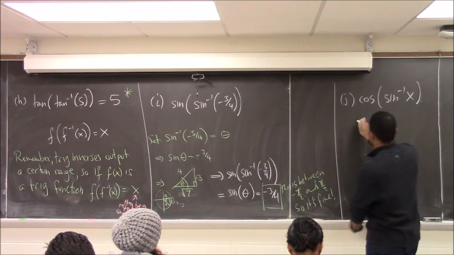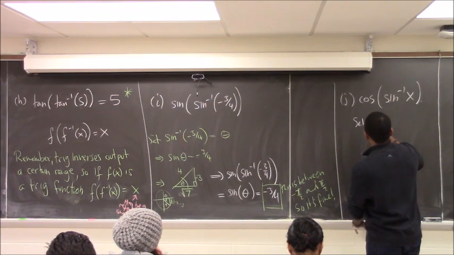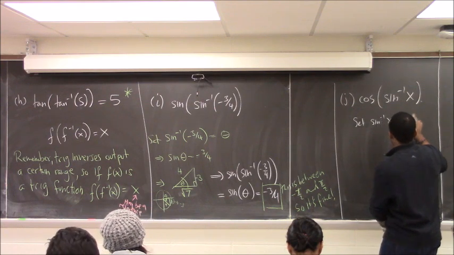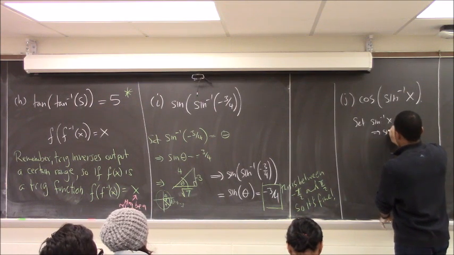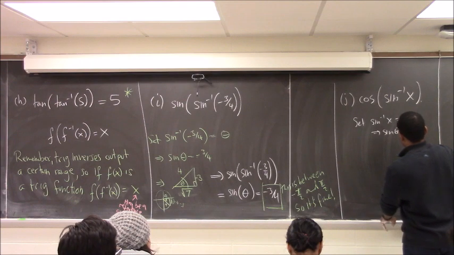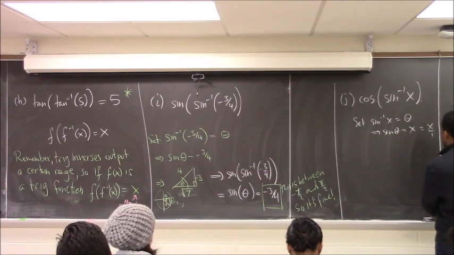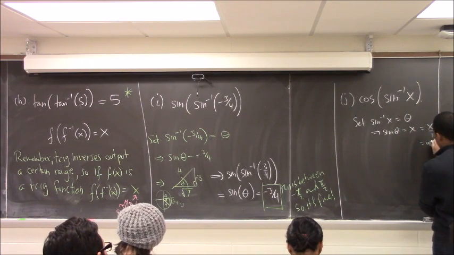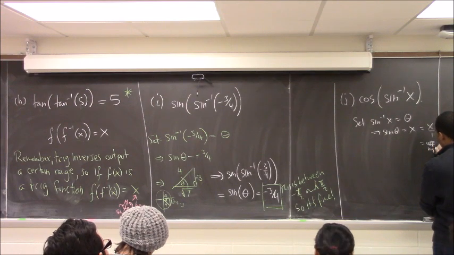How you would do that is you would set the sine inverse of x equal to theta. This would mean sine of theta equals x. You think of x as x over 1, which you think of as opposite over hypotenuse.